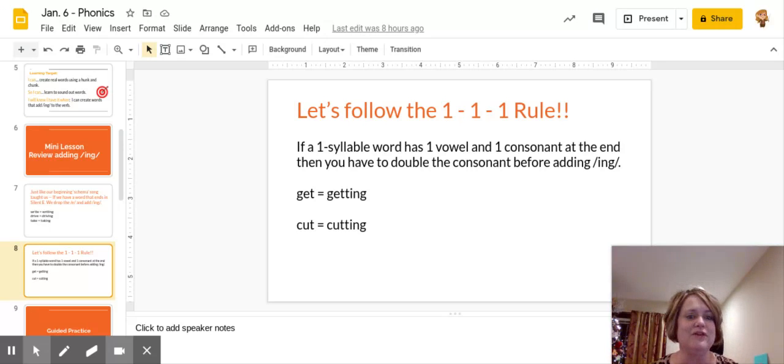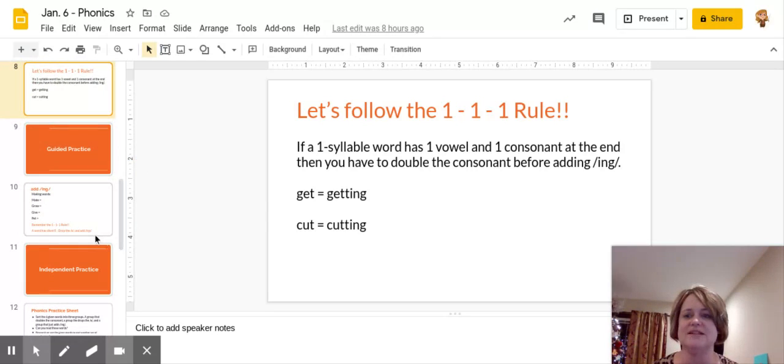Because yesterday we learned that row is a three-letter word. It has a vowel, it has a consonant, but we do not add an extra W to it. So just reviewing those rules to give you another chance today to practice that. I want to make sure that you have that. So just a review day for us.